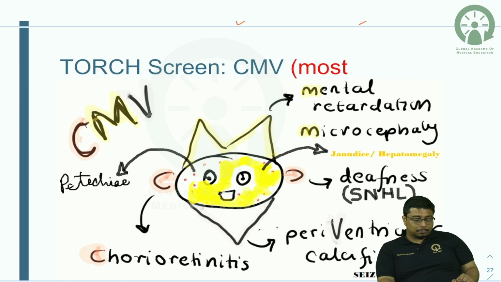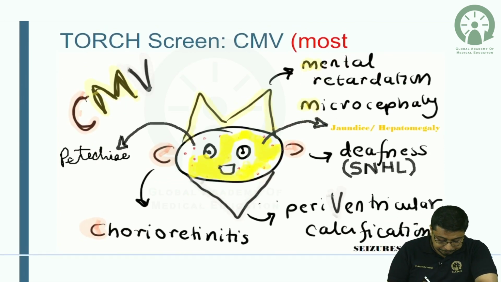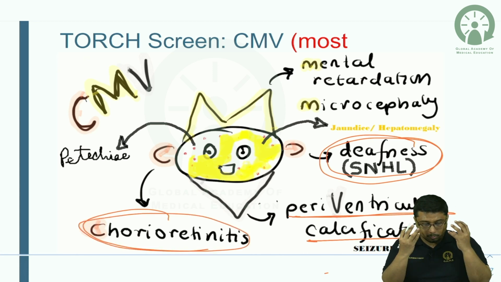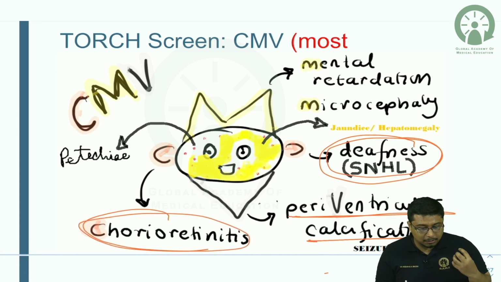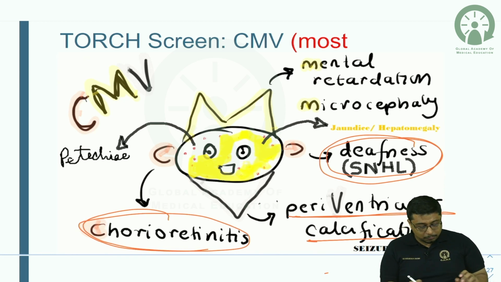Now coming to another one of the TORCH screen, CMV. So CMV presents with periventricular calcification. So that was cerebral calcification. This is periventricular calcification. Deafness, SNHL, sensorineural hearing loss. Chorioretinitis. See, the chorio part of the eye, the neuro-ophthalmic part, it's a part of the brain, so where the brain is involved, chorioretinitis is also common.